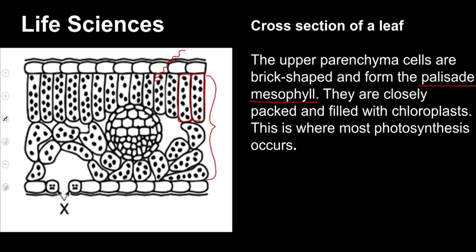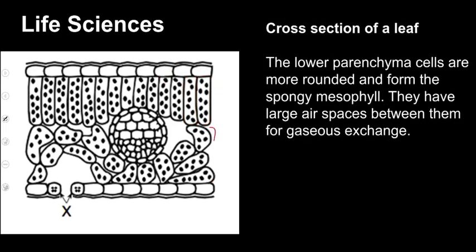They still have chloroplasts, but they don't get a lot of sunlight, so they're not as important in photosynthesis. The lower part of the leaf, where the cells are irregular shaped, is the spongy mesophyll. Important is they've got large air spaces, because even though they photosynthesize, their main function is gaseous exchange.